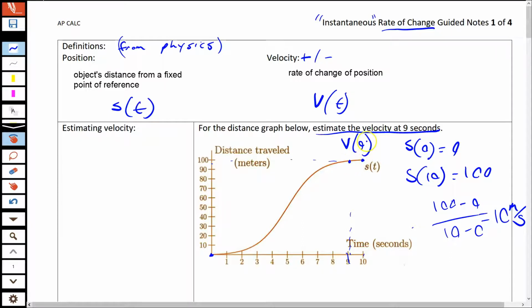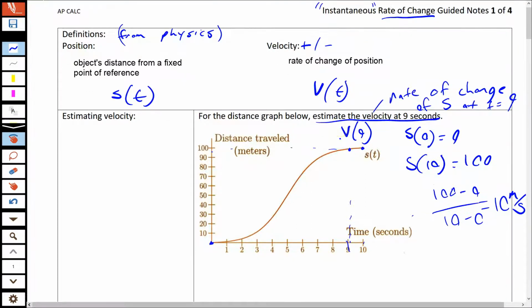And what this is really asking you is, this is a graph of where your car was at. We want to guess at what the speedometer says at this particular point. So another way of rephrasing that is, we want the rate of change of s at t equals 9. And we just want to make a guess.